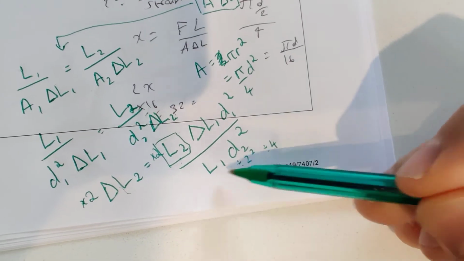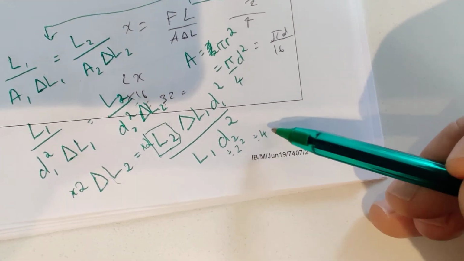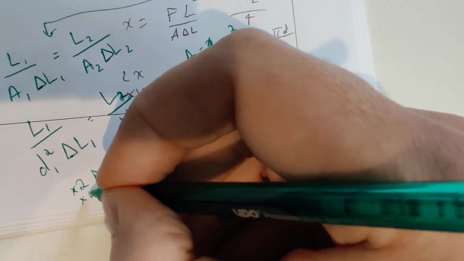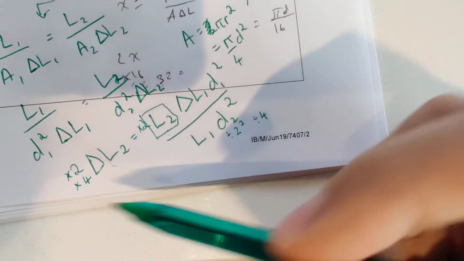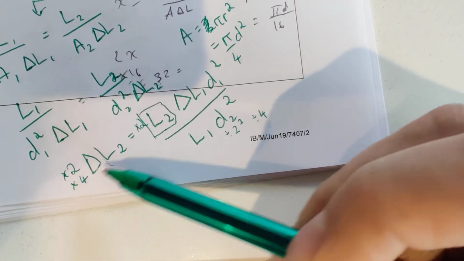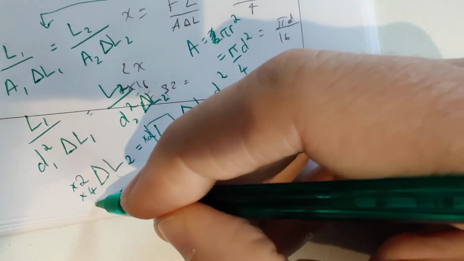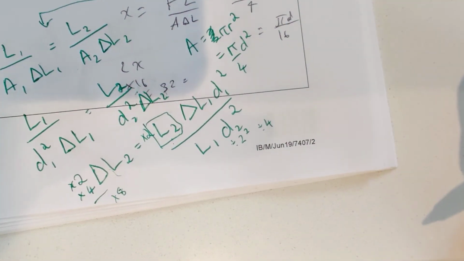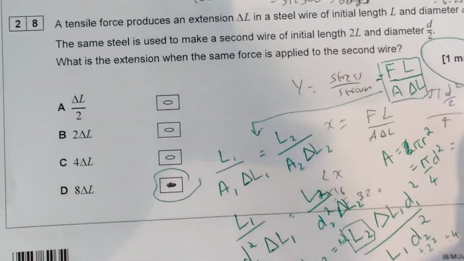Well, because we're going to make the bottom of the equation considerably smaller, we're going to make this one bigger by a factor of 4. So this is going to have a multiplying factor of 4. Combine these, well, we're going to be timesing this side by 2 and timesing it by 4 for a total change times by 8. So the correct answer here is D.